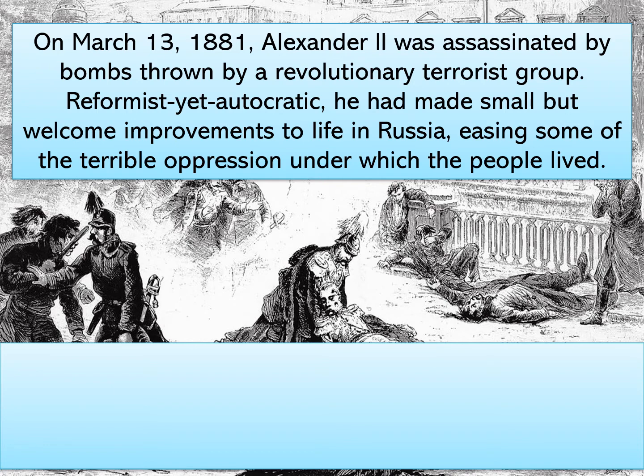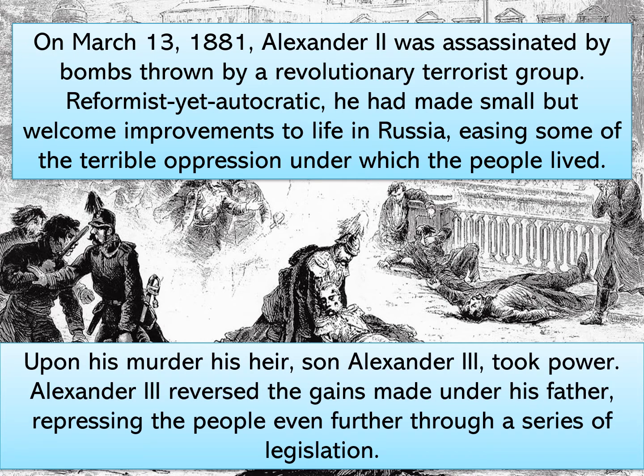He had been assassinated on the 13th of March, 1881, and this was done by a revolutionary terrorist group. He was autocratic, but he was a reformist as well, in that he made some small improvements that were quite welcome to life in Russia and eased some of the oppression that the people were actually living under.